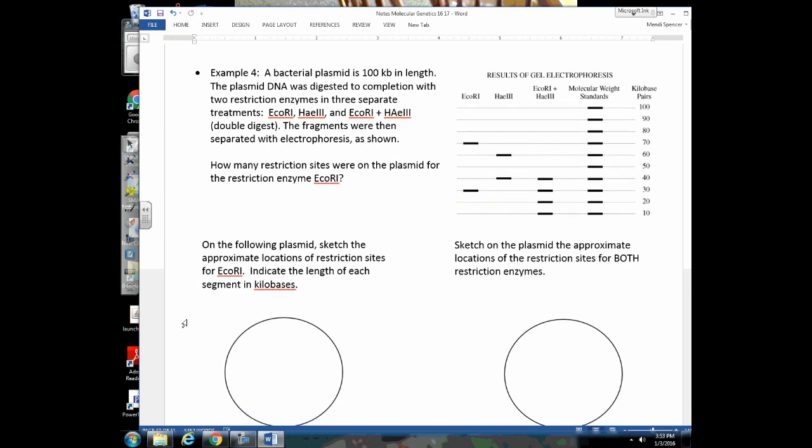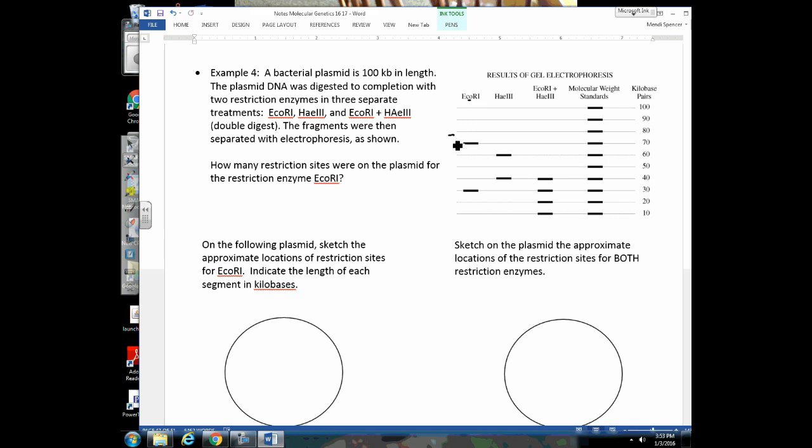Now this next problem, make sure that you understand how to read a gel electrophoresis, and that's coming up in another lecture. So I'm introducing a little bit about gel electrophoresis here with this plasmid question. What this gel is showing us is that if you cut DNA with ECO R1, it's going to cut it into two segments.